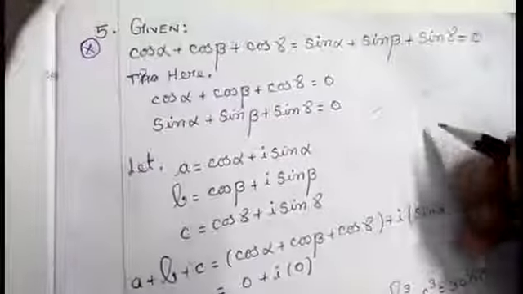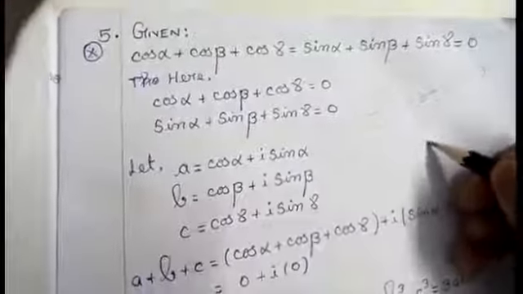Cos theta means real part, sin theta is nothing but imaginary part. So the real part separately I am going to put 0, and the imaginary part I am putting separately as 0, since it is the given condition.